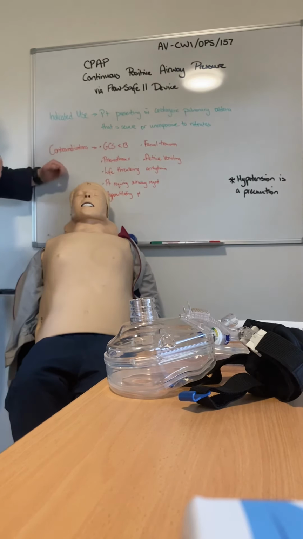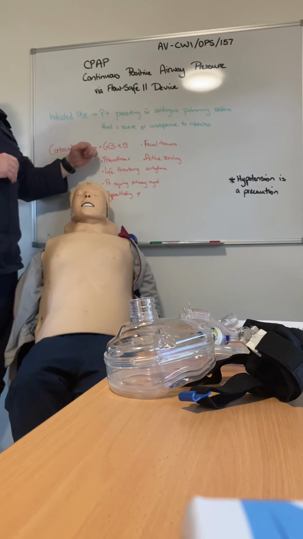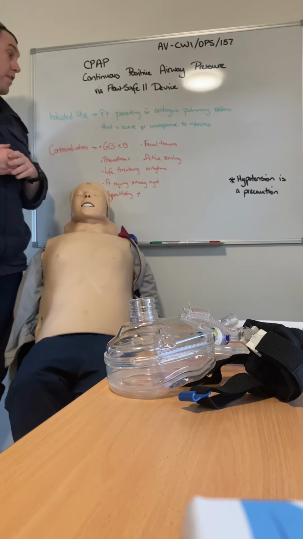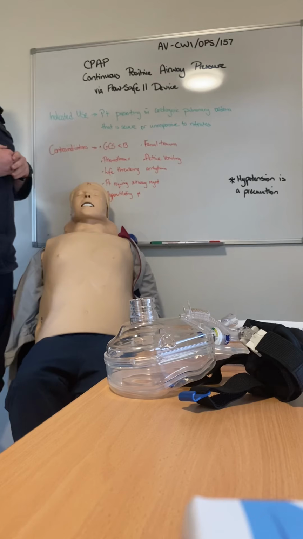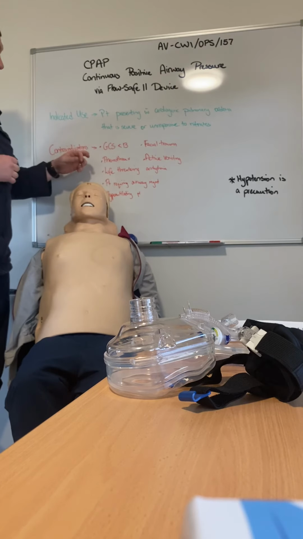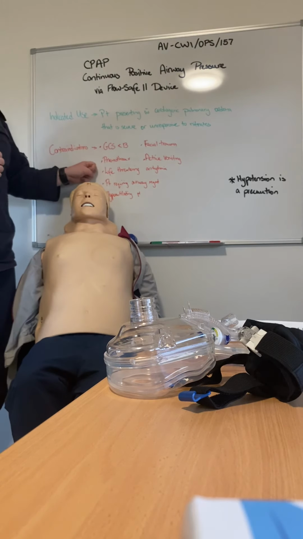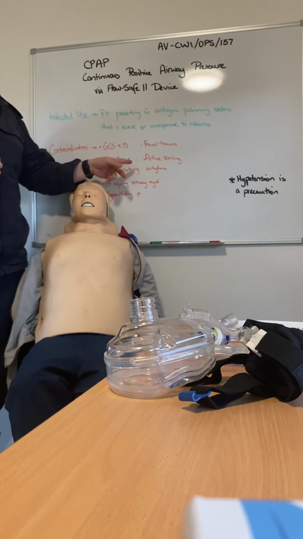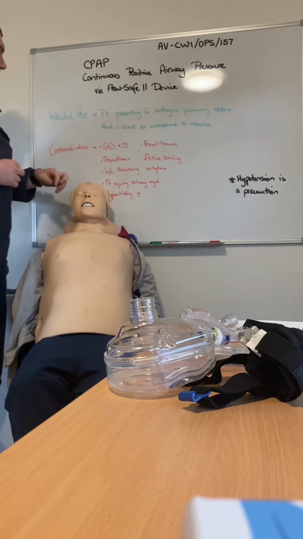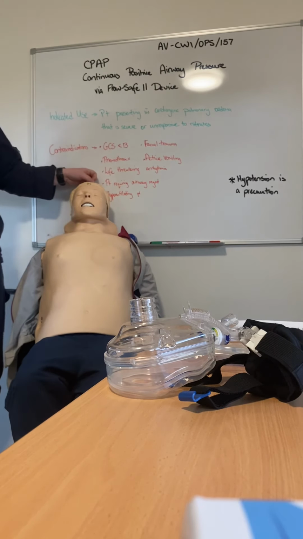Contraindications to use: patients who have altered level of consciousness, so GCS score less than 13, patients with facial trauma, patients with suspected pneumothorax, patients who are actively vomiting for understandable reasons, patients with life-threatening arrhythmias.